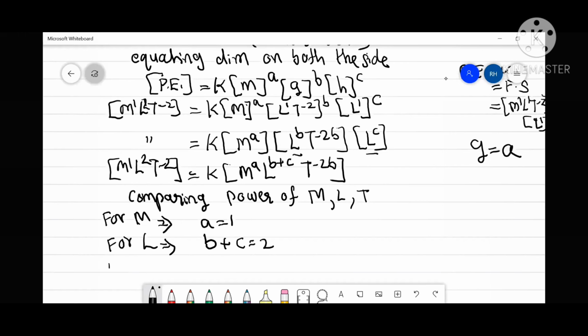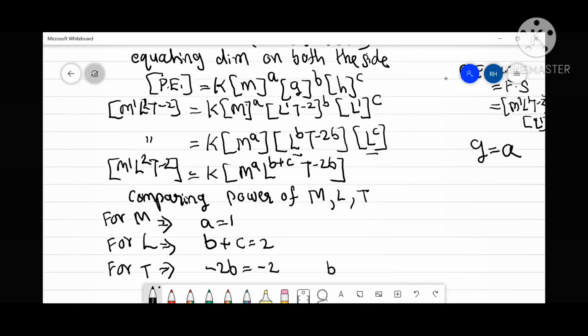And for T, minus 2b is equal to minus 2. Now what is our aim? The a, b, c values.